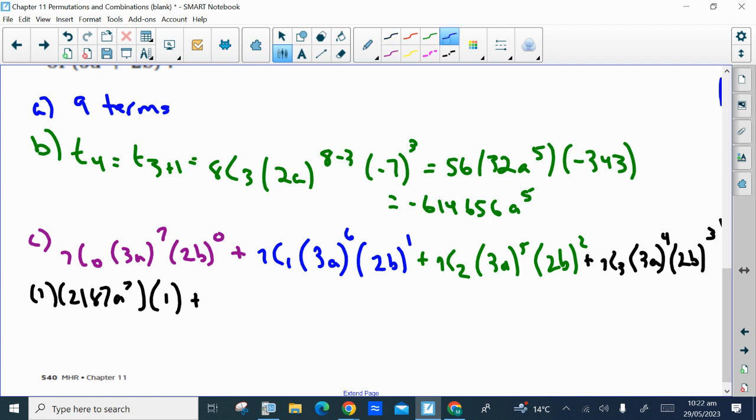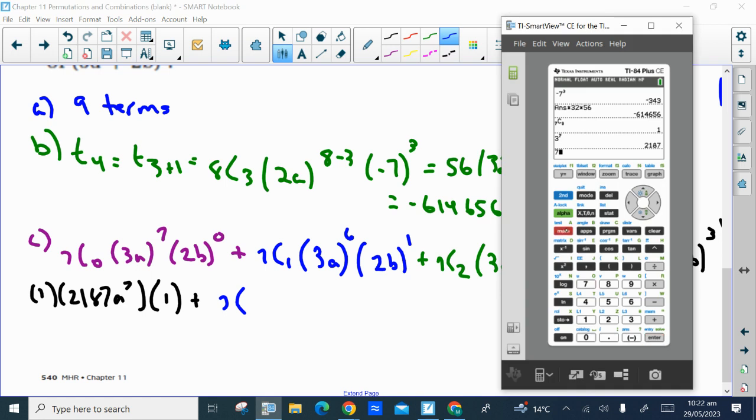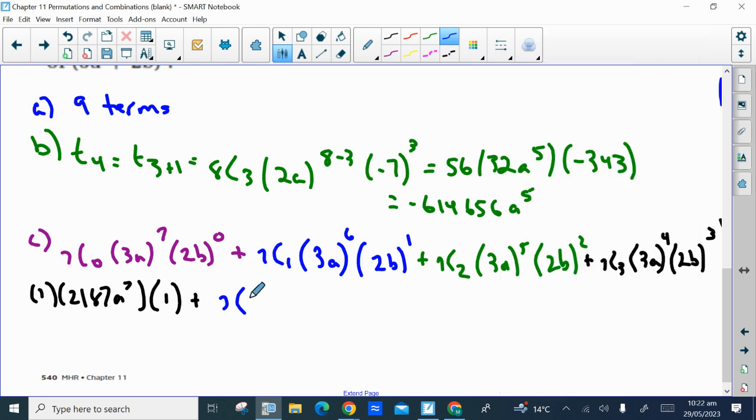Plus, so that next term, 7c1 is 7, which you can confirm on the calculator. 3a all to the 6th. 3 to the 6th is 729. A to the 6th. And 2b to the power 1 is just 2b.